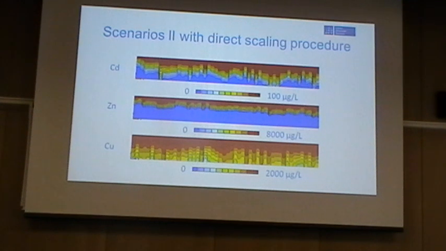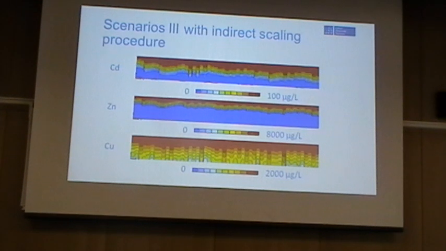In scenario 2, the input data was no longer the K and N of the sorption isotherm, but now is the reference isotherm and scale factor from the direct scaling procedure. And in scenario 3, the input data were changed to the sorption isotherm from the mixed soil sample and the scale factors from the soil properties.